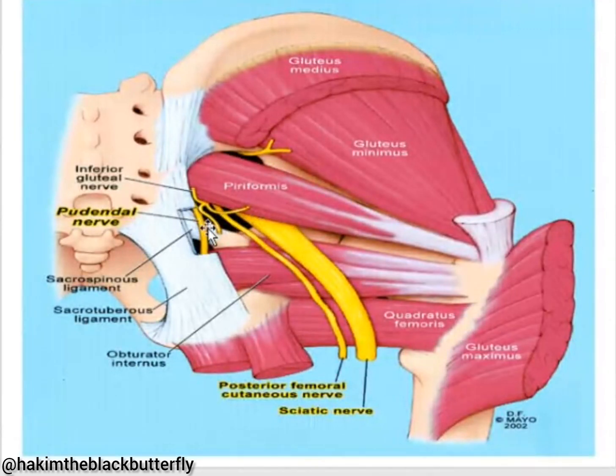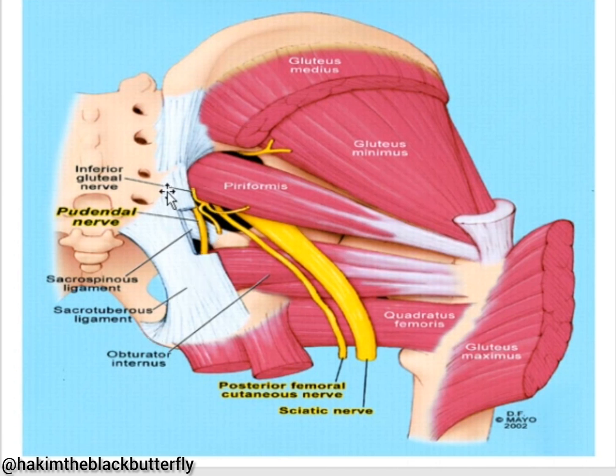Then there is the pudendal nerve from the sacral plexus. This pudendal nerve is going to supply the genitalia and the anal sphincters in the perineum. It also exits the pelvis through the greater sciatic foramen, but then it curves above the sacrospinous ligament and enters the lesser sciatic foramen to supply the perineum.